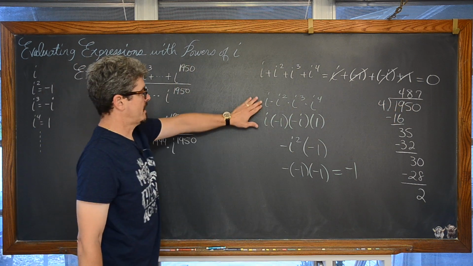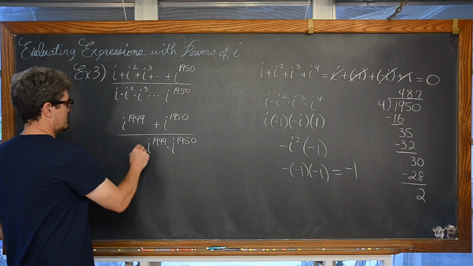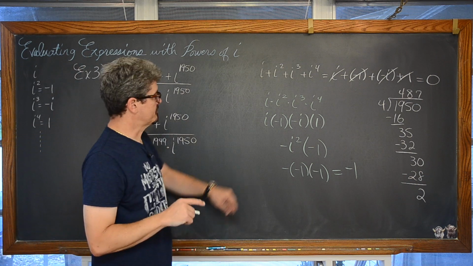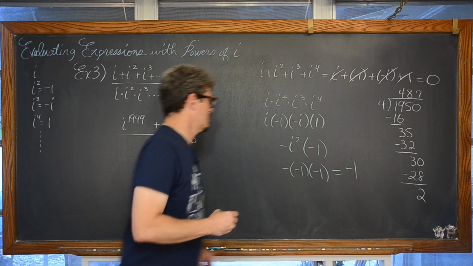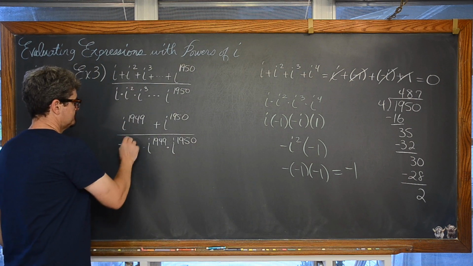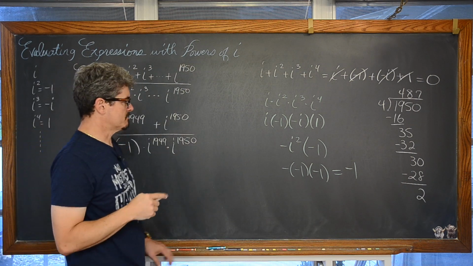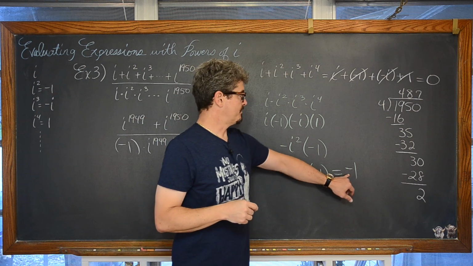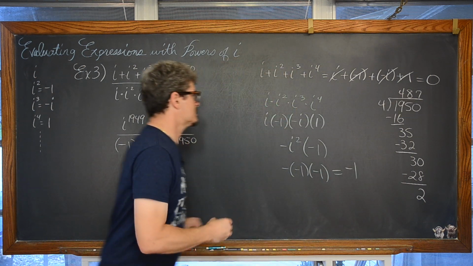And what's left is negative 1, and negative 1 is being multiplied by itself 487 times.